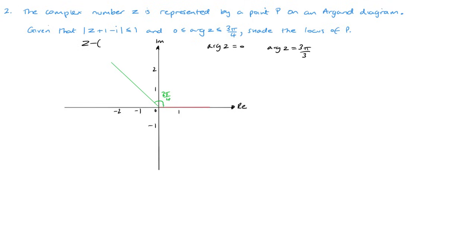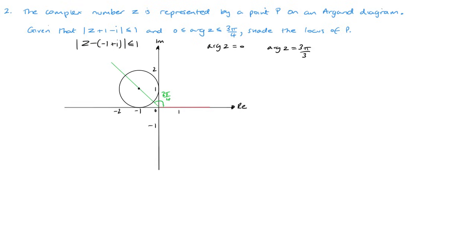This circle is going to be centered at -1 plus i, so about that. And then the circle of radius 1 is like that.